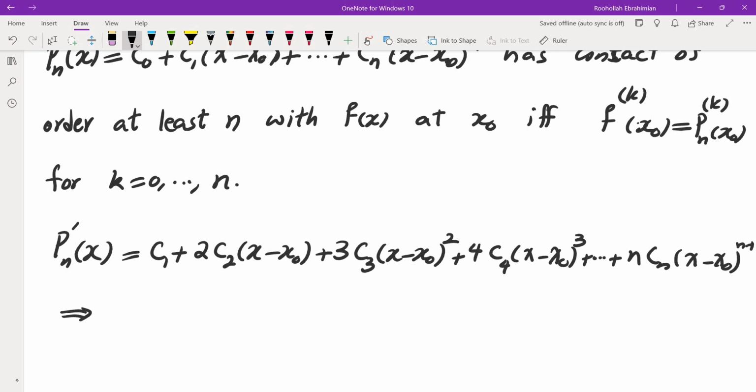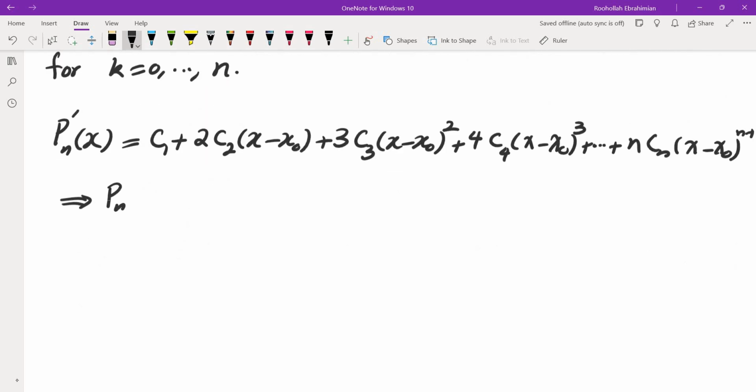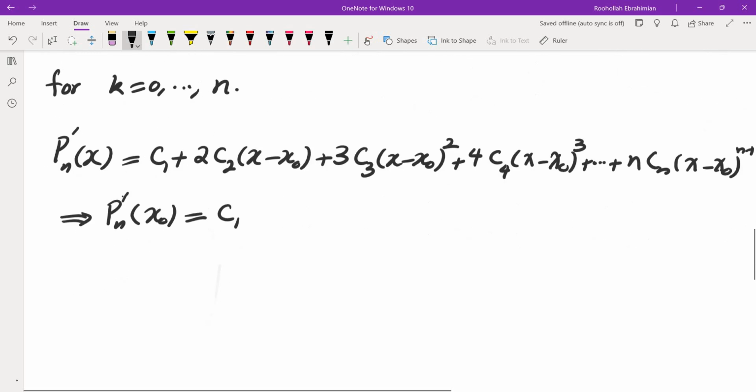So if I plug in x0, I would get c1 because everything else disappears.